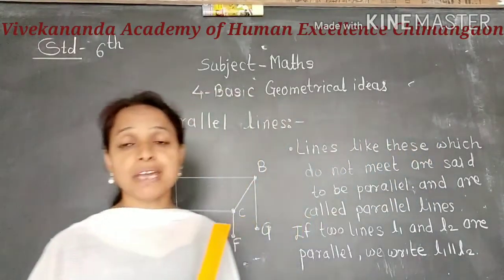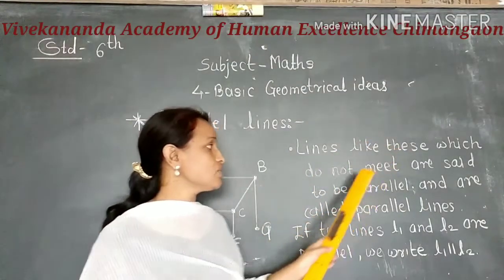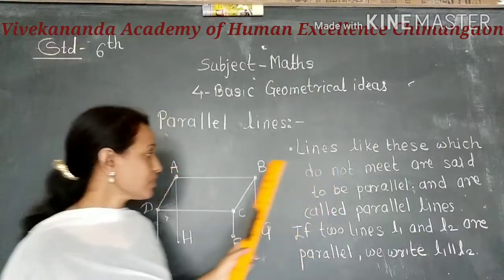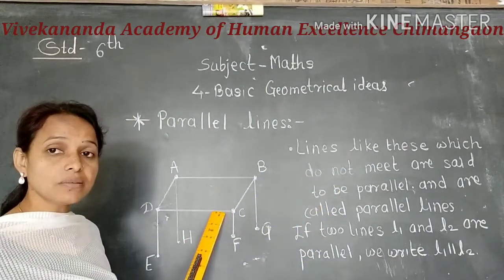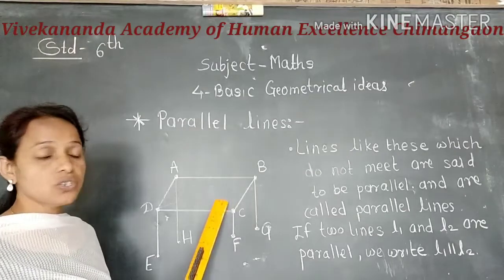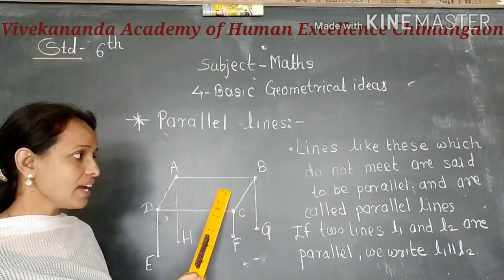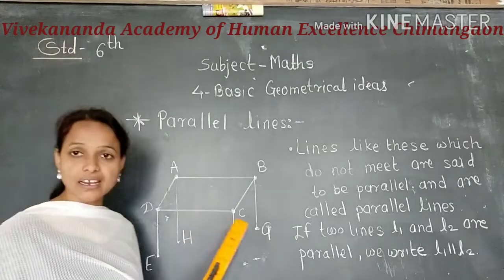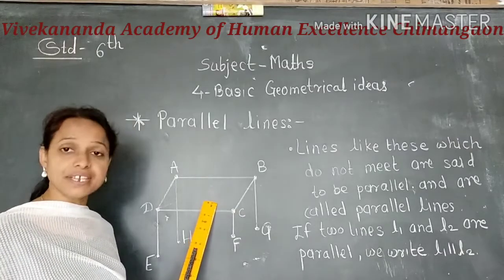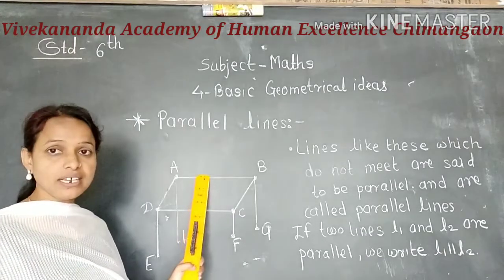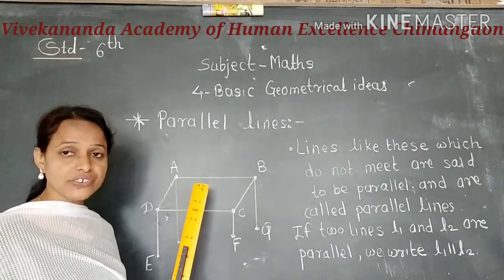So see, lines like this which do not meet, they do not meet each other. These types of line segments or lines are said to be parallel: they do not intersect or meet each other.